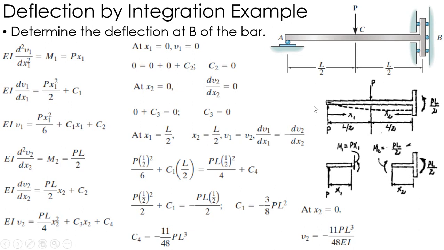Find your moments, take a couple of integrals, then use boundary conditions and continuity conditions in order to solve for the integration constants. And once I have those, I have an equation for my deflection that I can do what I need to with.